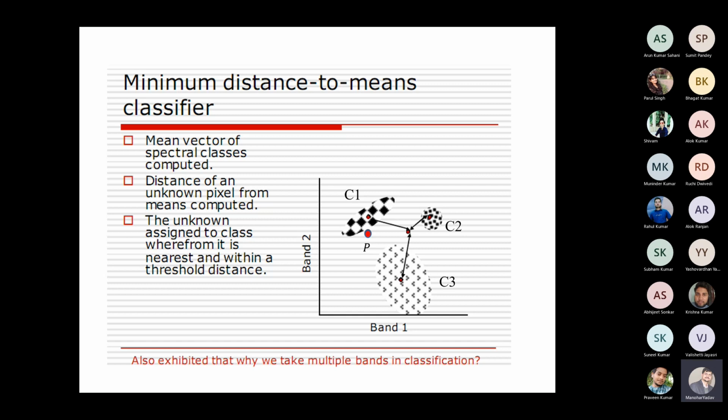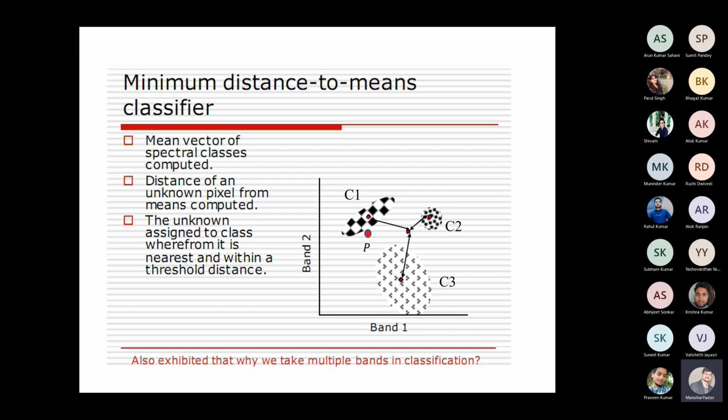Now, in the minimum distance to mean classifier, an input pixel that has to be classified is selected. That selected input pixel is compared with the mean values of class C1, C2, and C3, in terms of distance.